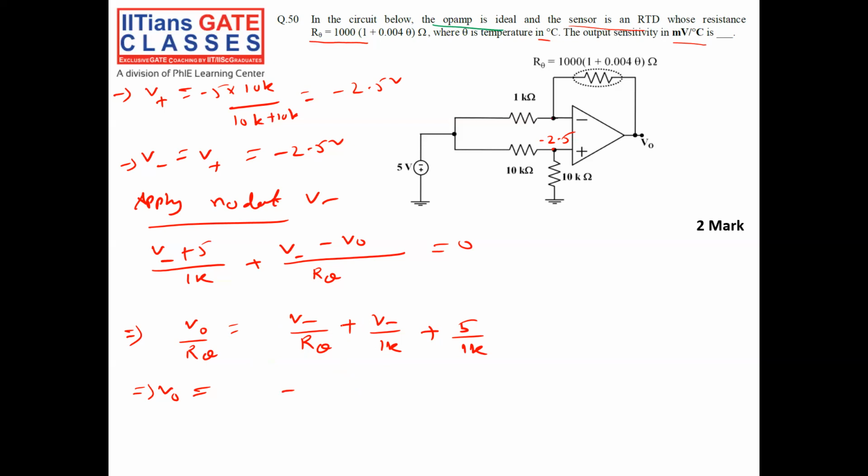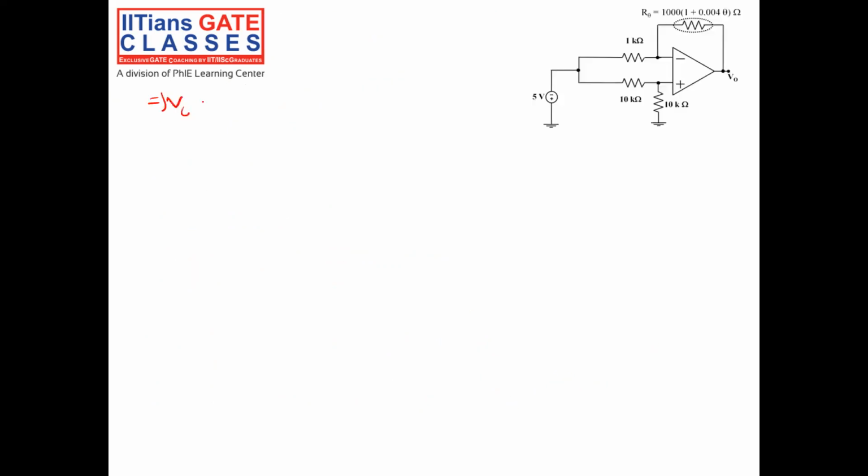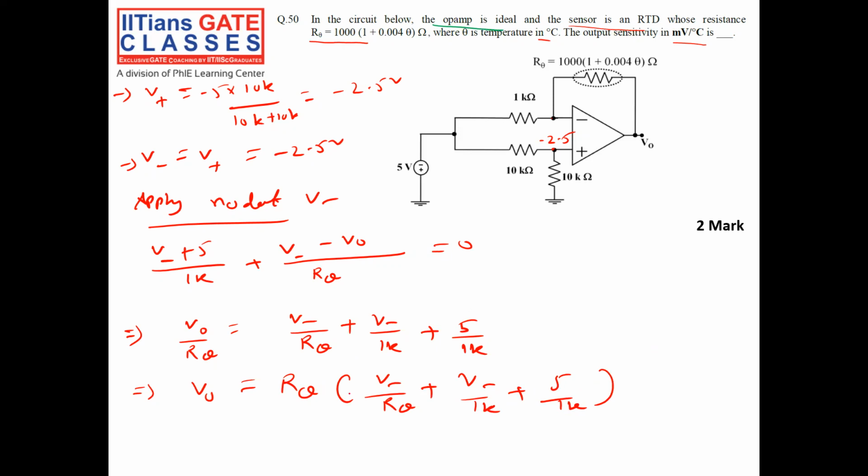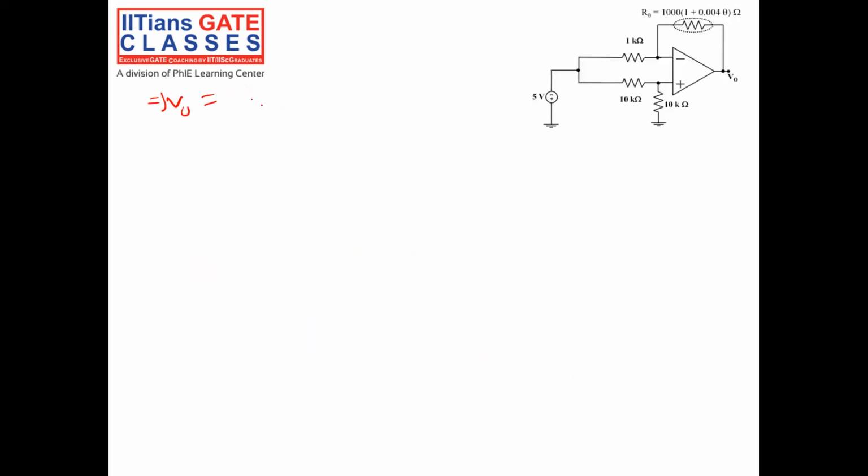See, this R theta will go this side. V0 is equal to R theta into V negative by R theta plus V negative by 1k plus 5 by 1k, right? This implies V0 is equal to V negative into R theta by R theta, which got cancelled, so V negative plus V negative by 1k into R theta.